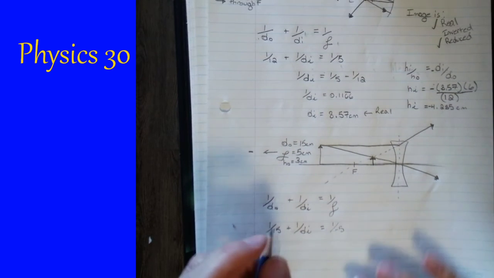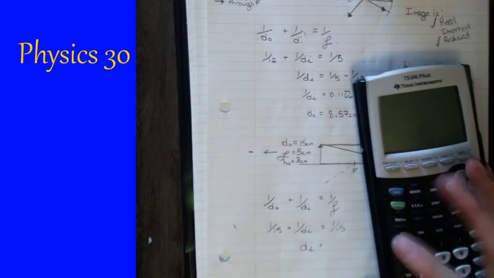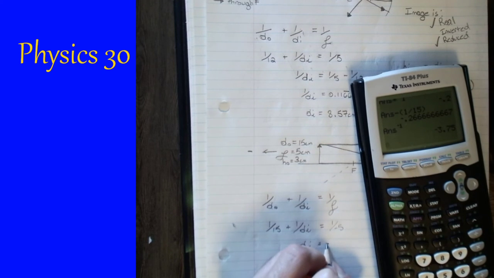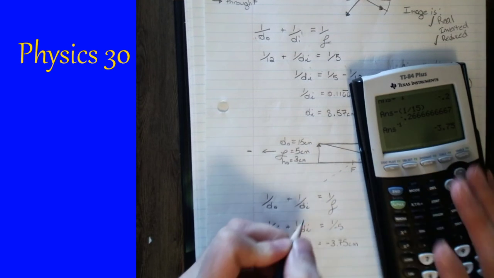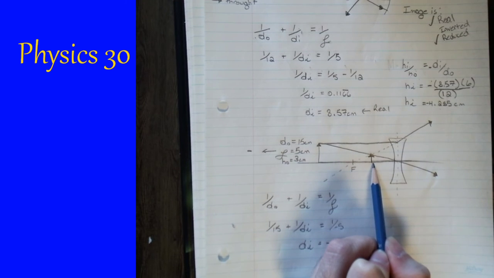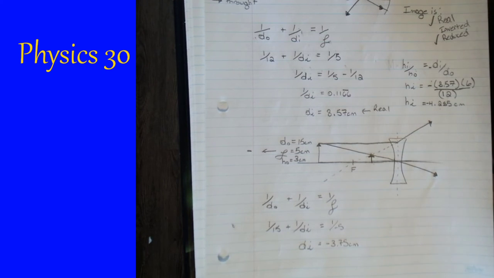Okay, so let's kind of calculate. We'll just do the whole thing all at once. So 1 over 5 but it's negative, minus 1 over 15, and then inverse. So negative 3.75 centimeters is our image distance. So it comes to be before the focal point, which our drawing tells us, but now so does our math. Our math backs that up as well.